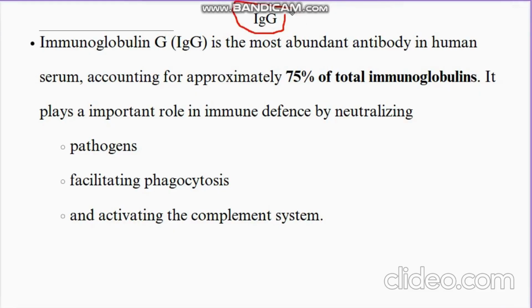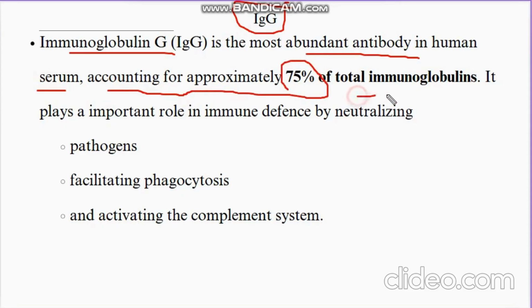IgG means immunoglobulin G. It is the most abundant antibody in the human serum, accounting for approximately 75% of the total immunoglobulins. Compared to other antibodies, it is present in excessive range, and it plays a very important role in neutralizing the pathogens by the following mechanism.